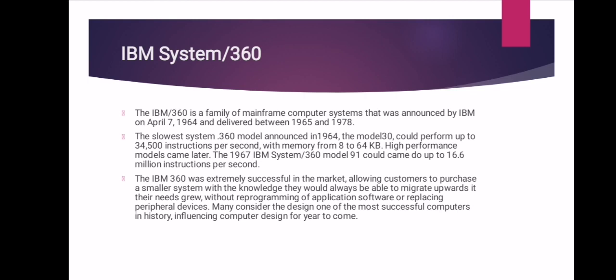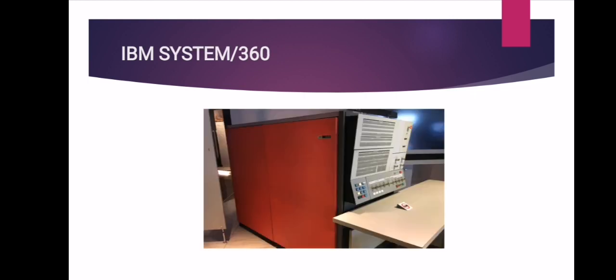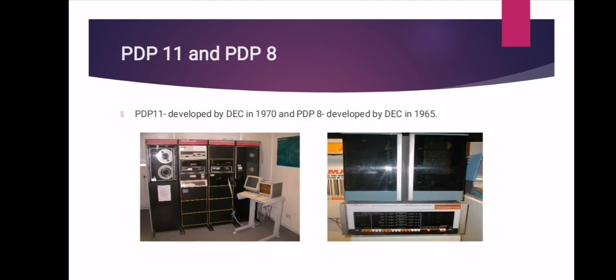IBM systems supported very high level programming languages at that time, between 1965 and 1978. This is the picture of the IBM 360 system. PDP 11 was developed by DEC in 1970 and PDP 8 was developed in 1965. These are the pictures of PDP 11 and PDP 8.